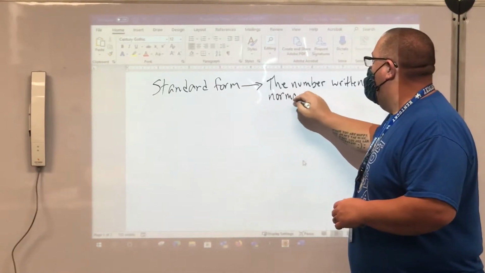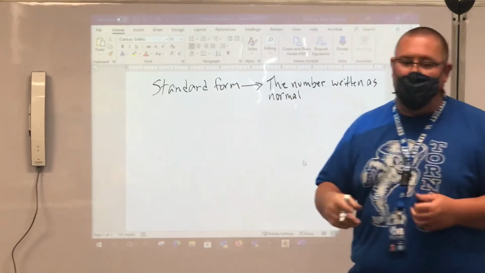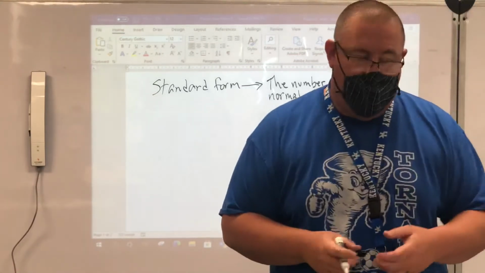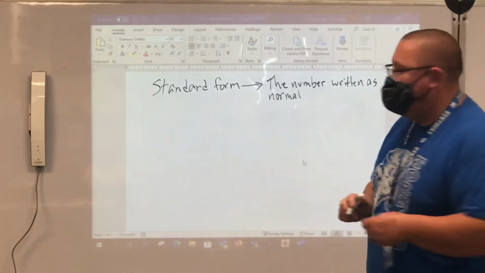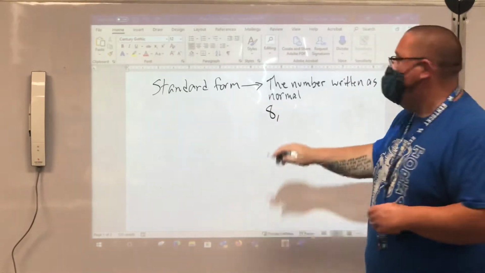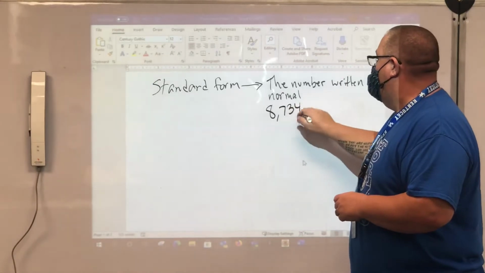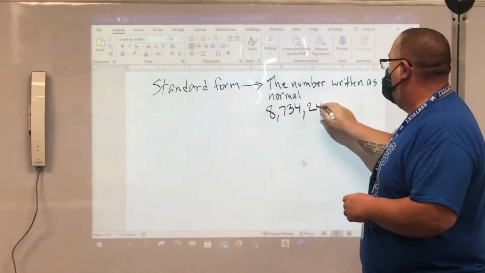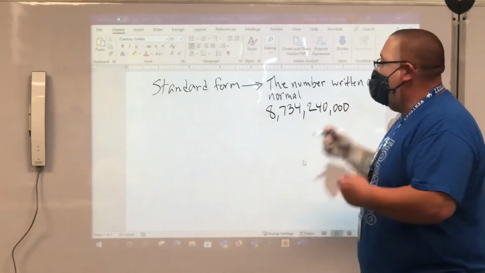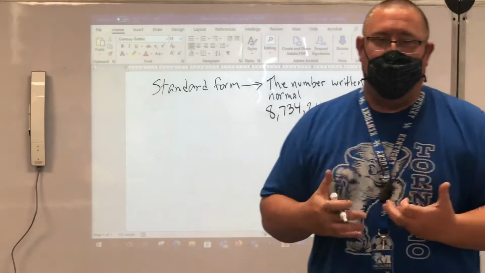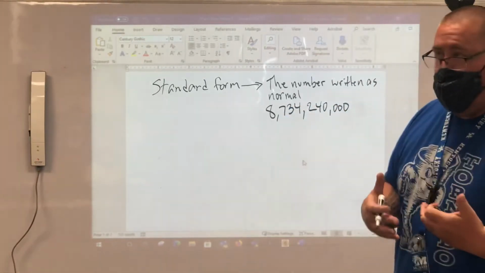If we go back and look at the number on the front part of our notes, I believe it was 8,734,240,000. So that's standard form. It's just the way you've always learned to write a number.